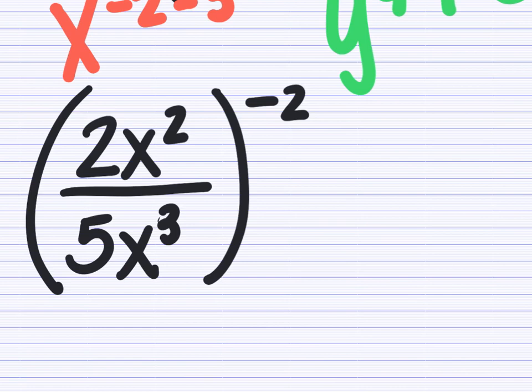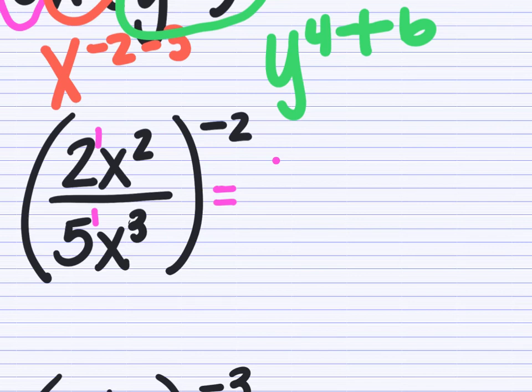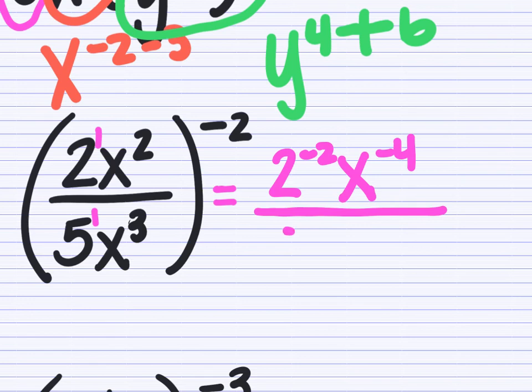Again, we see we have power to a power. I'm going to add a 1 to both my coefficients. Distribute that negative 2 to everything, which gives me 2 to the negative 2, x to the negative 4, over 5 to the negative 2, x to the negative 3.